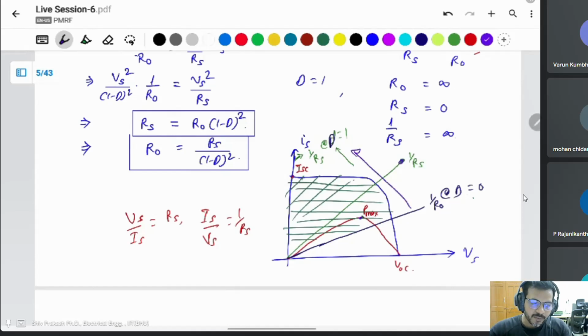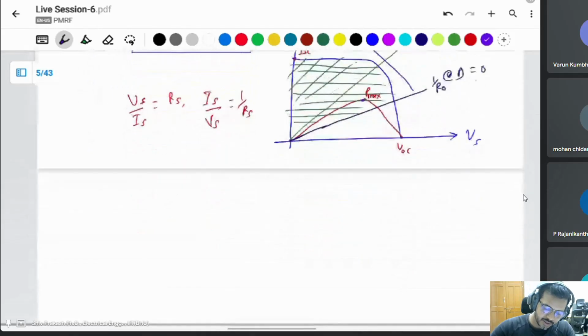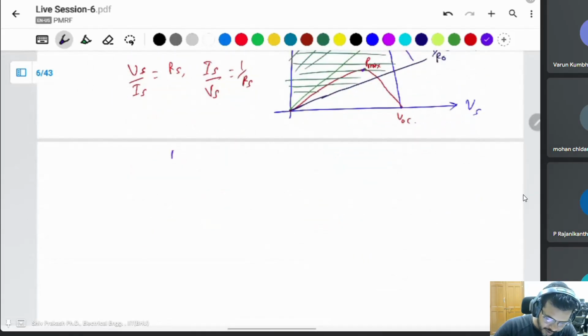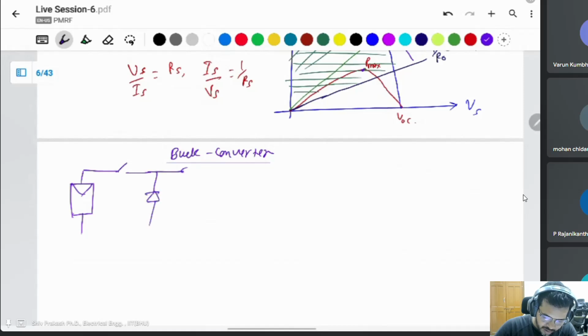Same thing if you do for the buck converter. I'll give some idea of the buck converter also. The switch, a diode, inductor, capacitor and the load resistance.